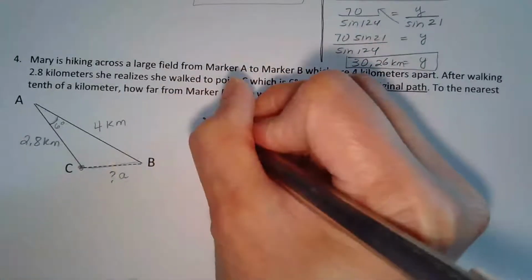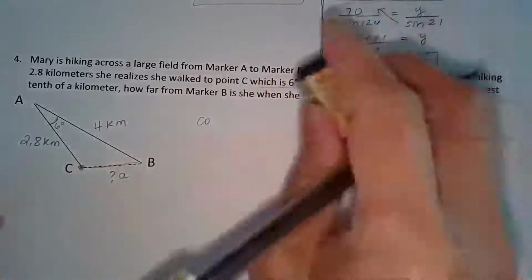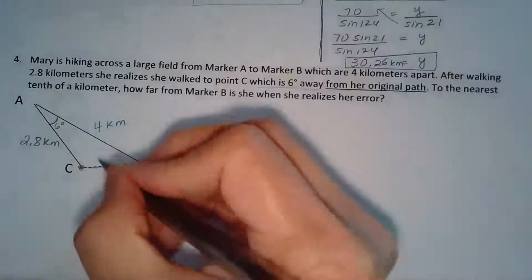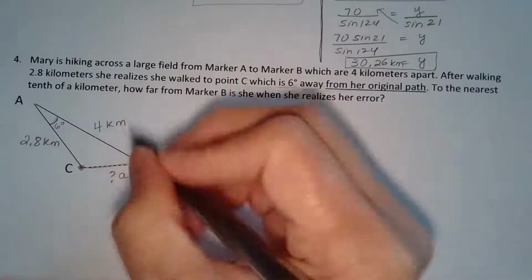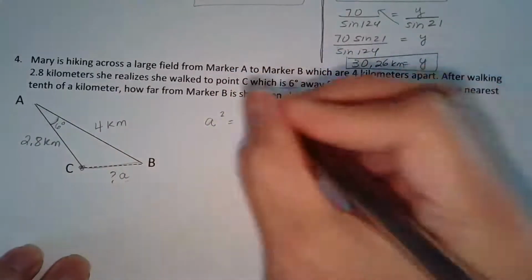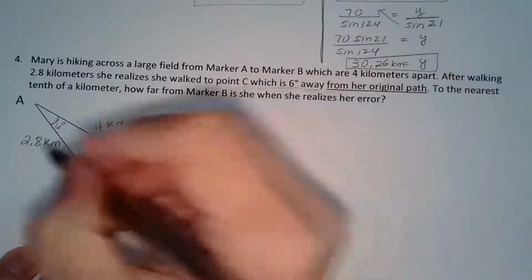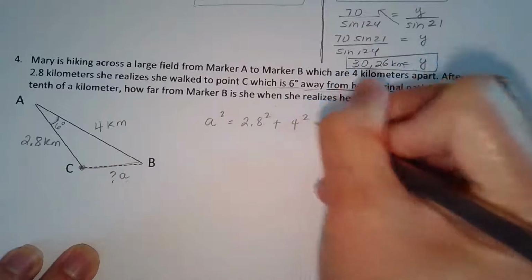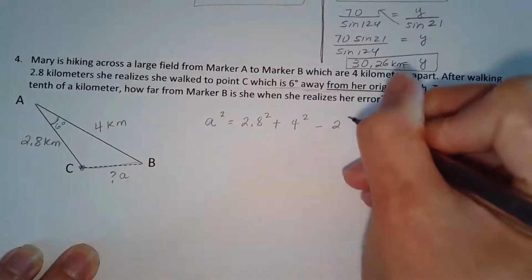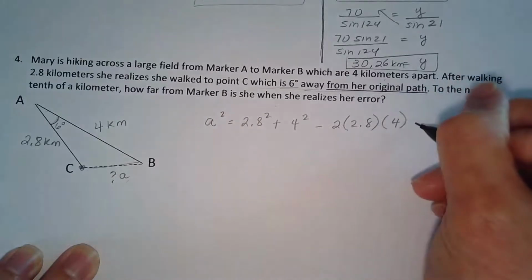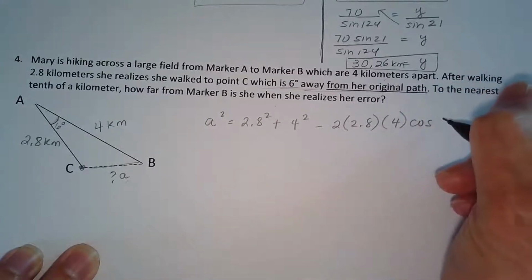So let's get cosine law. This is already a, b, and c, so I might as well use that. A squared equals b squared, so 2.8 squared plus 4 squared minus 2 times 2.8 times 4 times cosine of 6 degrees.